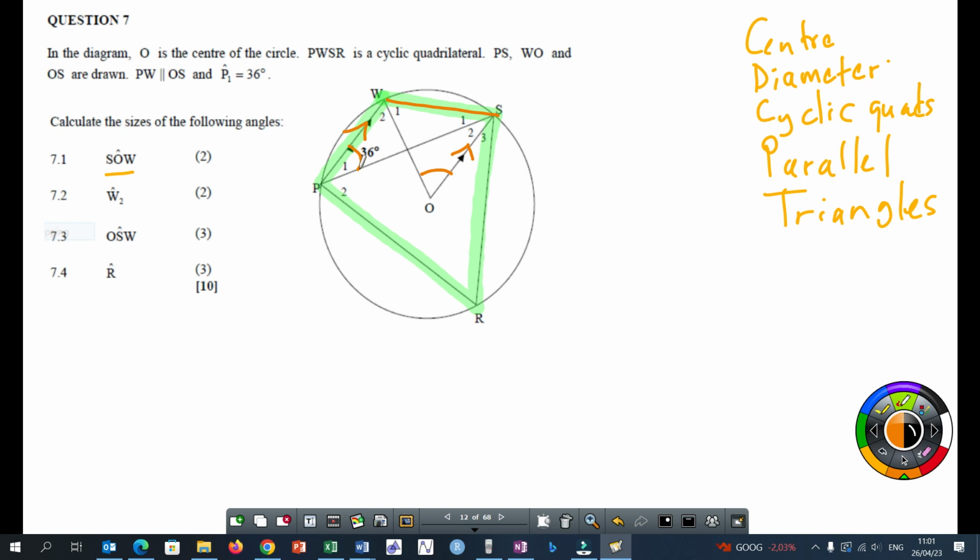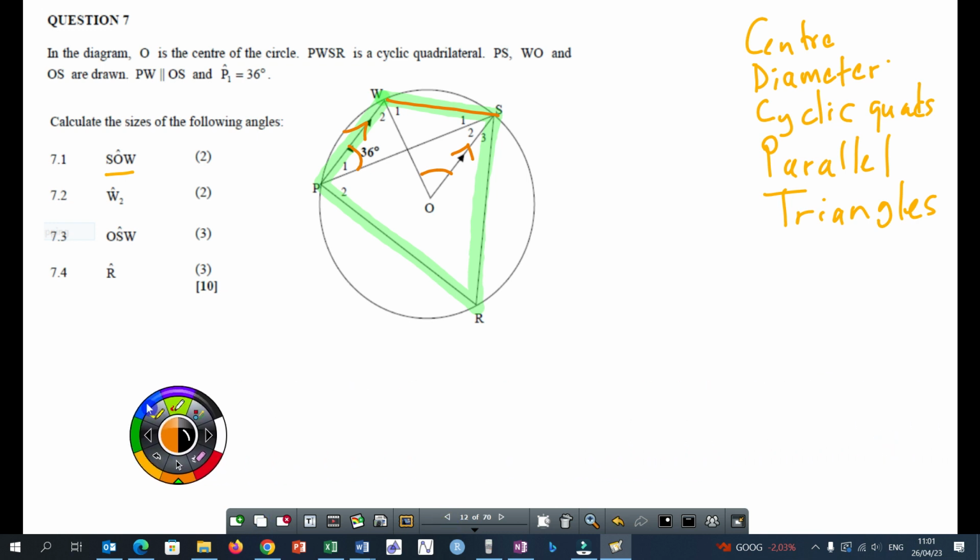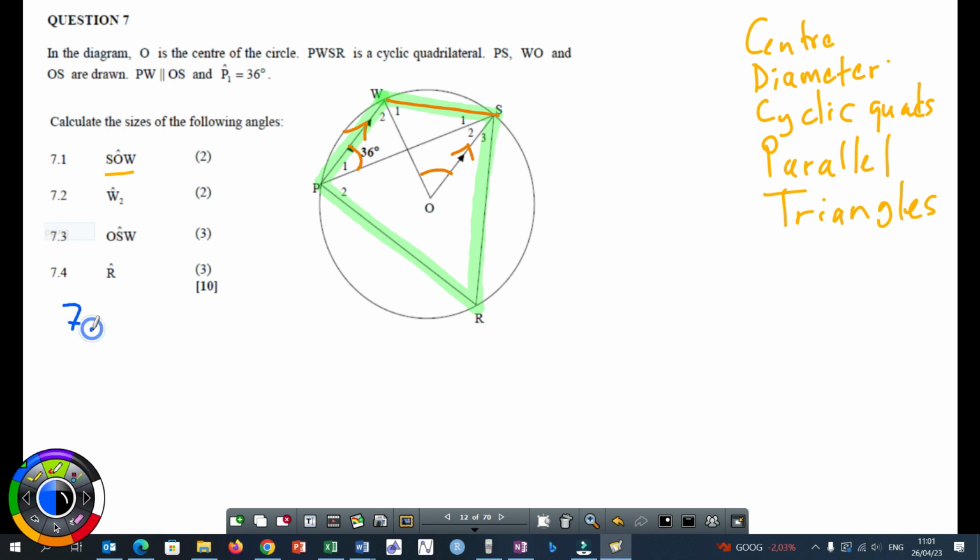So angle at center is 2 times angle at circumference. Allow me to just duplicate this because I need to talk about each question separately. So 7.1: SOW is going to be 2 times P1.